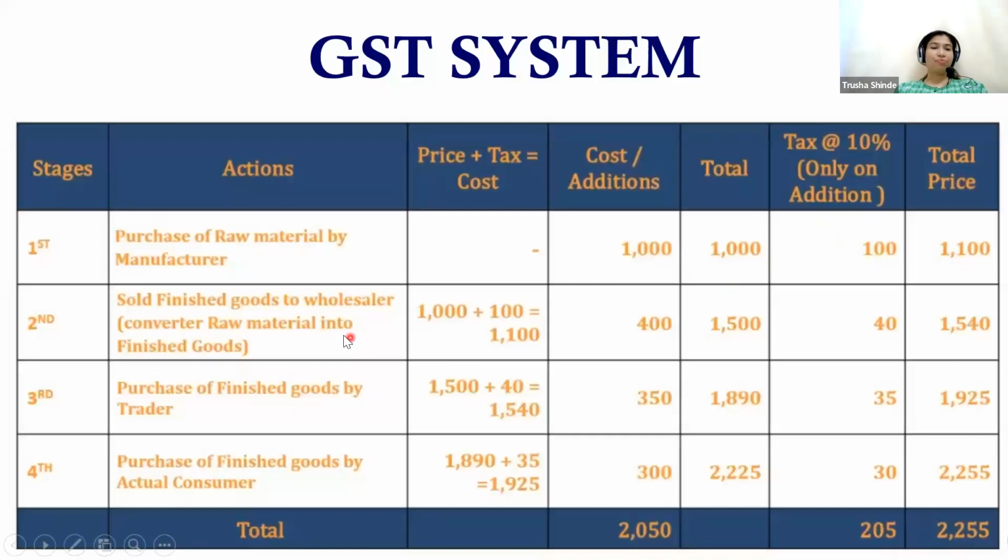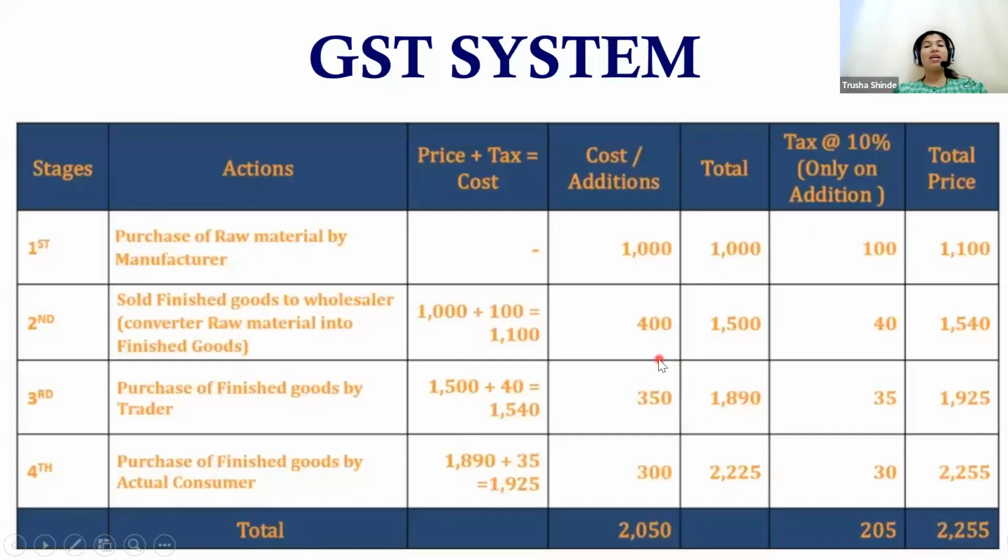At the second stage, the manufacturer has completed his process and converted the goods into finished goods, and now he's selling to the wholesaler. At that time he is adding to the price, along with the taxes he has paid, that is your 1,100.